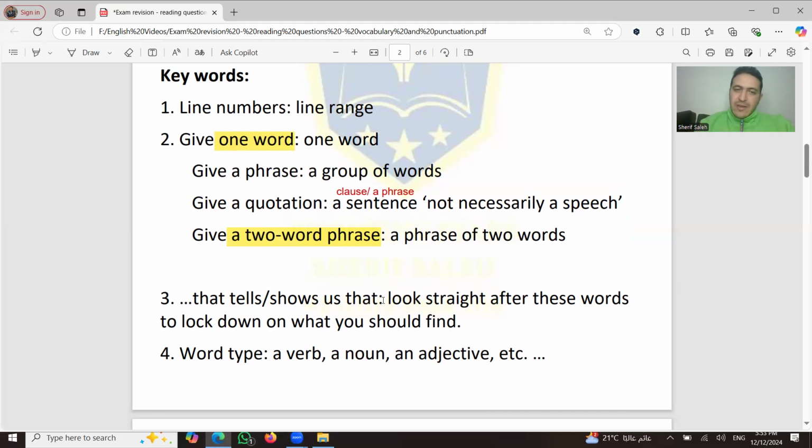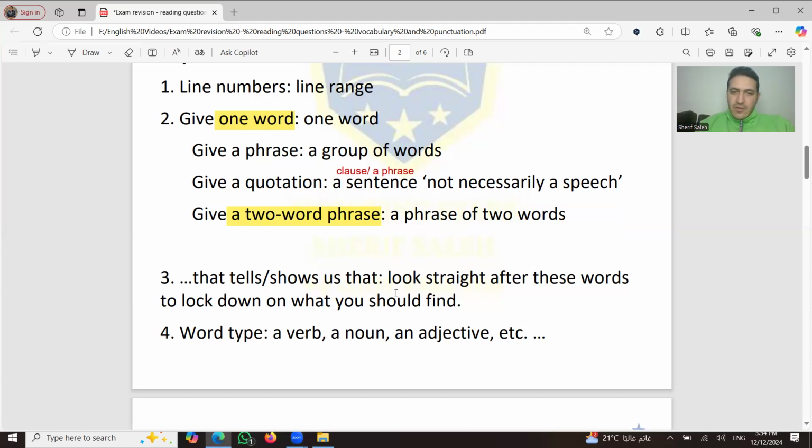Whenever we find this, and we have an example today, we need to look straight after these words. So, find a phrase or a sentence that shows us that. We need to look after it because that's what we need to find, the answer.